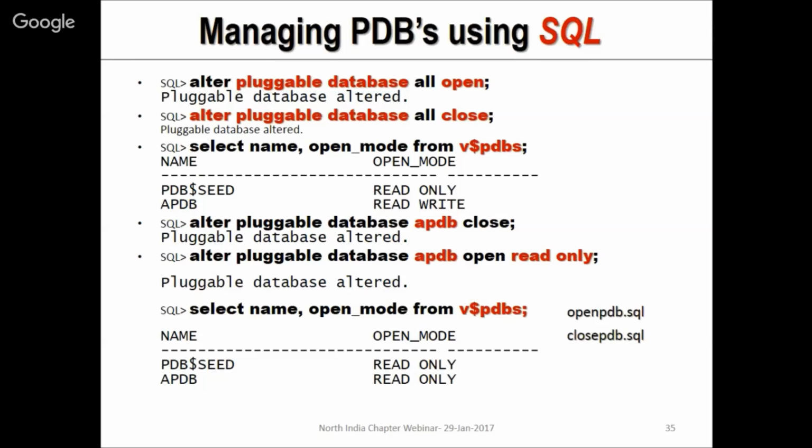You don't really have the option of a dismount, or an instance-level shutdown for the PDB. That's really not going to be an option, because PDBs are sitting on top of a CDB, which means a CDB definitely has to be present. So all we can do is open a PDB or close a PDB, and that's how we use the open and close commands.